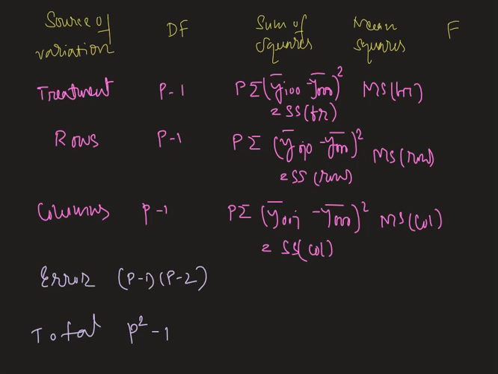And sum of square is also evaluated from subtraction. We subtract all the sum of squares due to treatment, row and columns from the total sum of square, which is triple sum yijk minus y triple naught bar whole square, which is called TSS, or total sum of square.